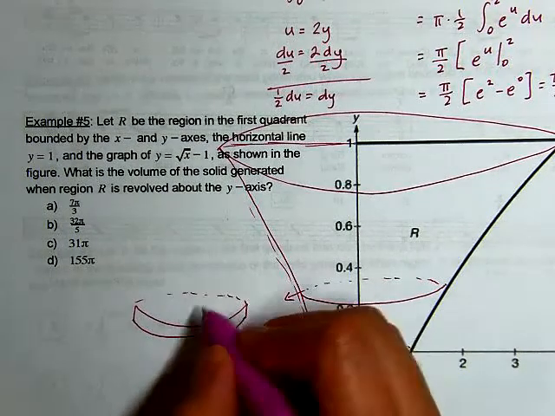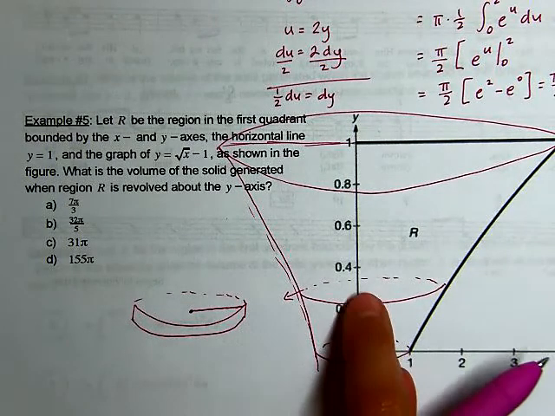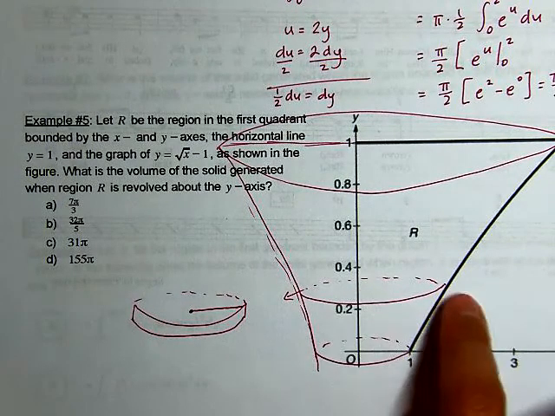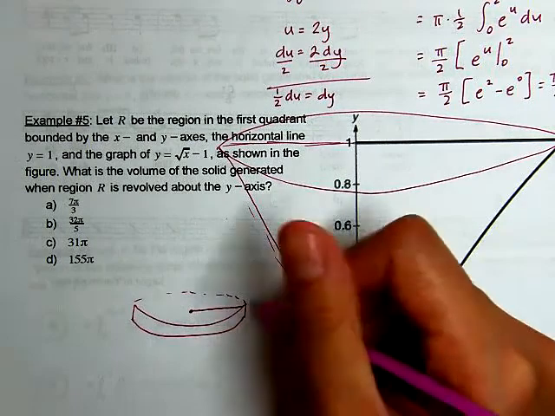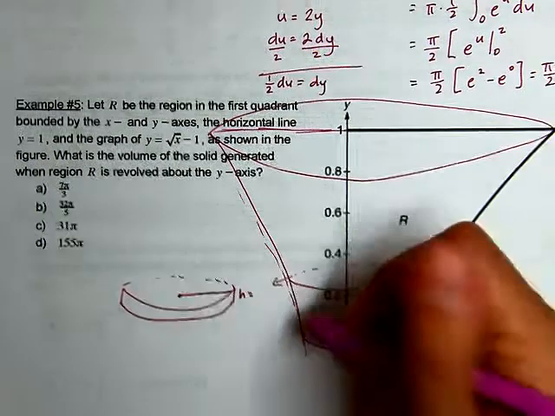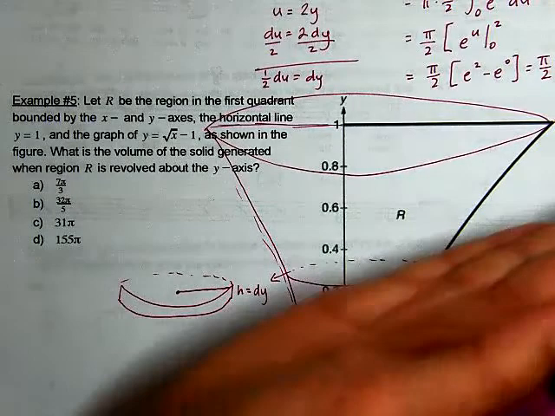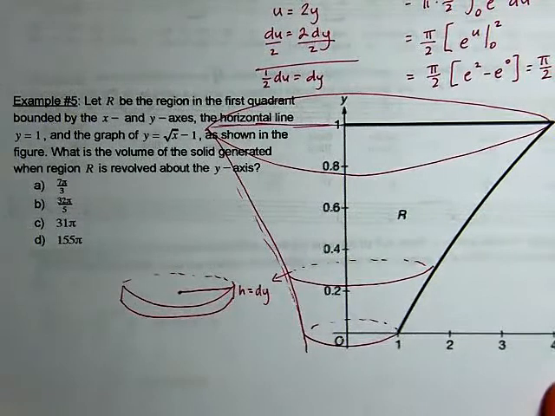we have, again, the radius going from the center out to the disc. So it's going from the y-axis out to the curve. And again, my height would be however thick this slice is, so it's dy, again, because it is with respect to y, we have horizontal slices.